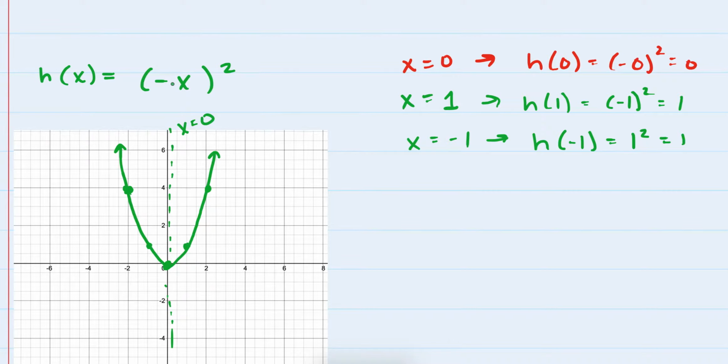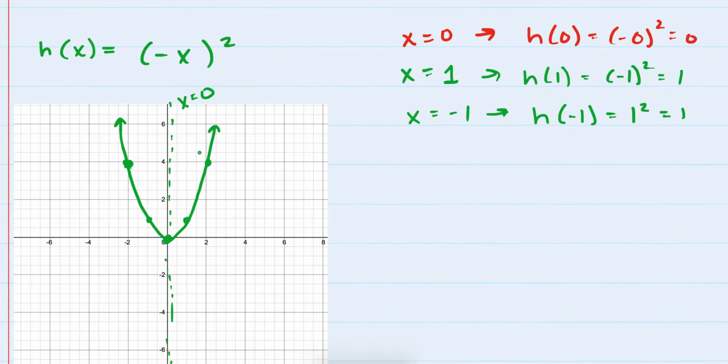So negative on the outside, reflect about the x-axis, negative on the inside, reflect about the y-axis. Now, because this graph was actually symmetric with respect to the y-axis, in other words, it's an even function, we didn't see any change. But with other functions, we will see a change.